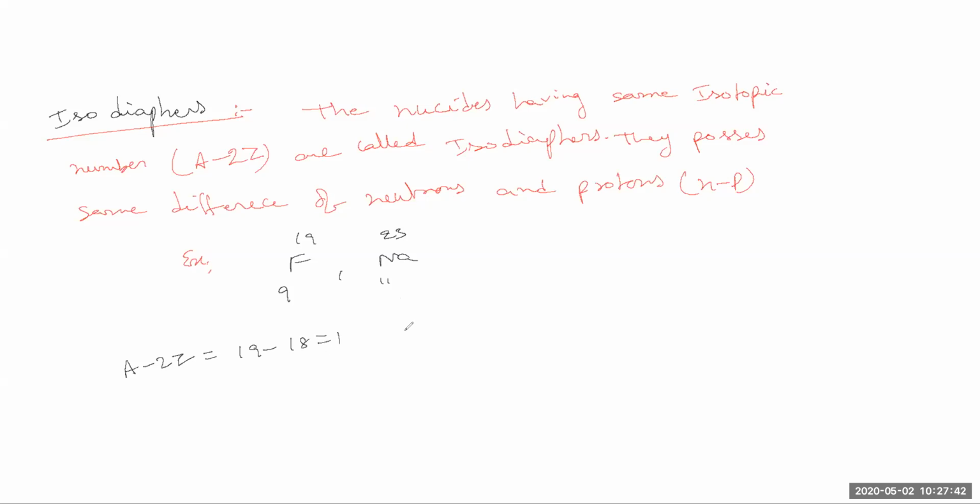For sodium, A is 23, minus 2 into 11, 22, so it is equal to 1. Here also the isotopic number is 1. That means they have the same isotopic number.